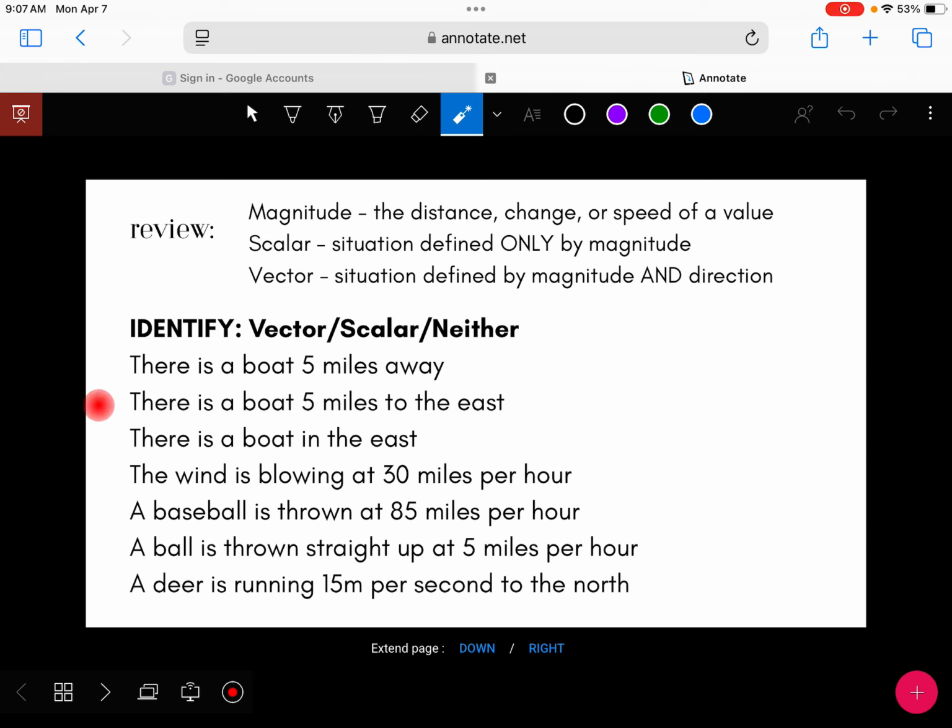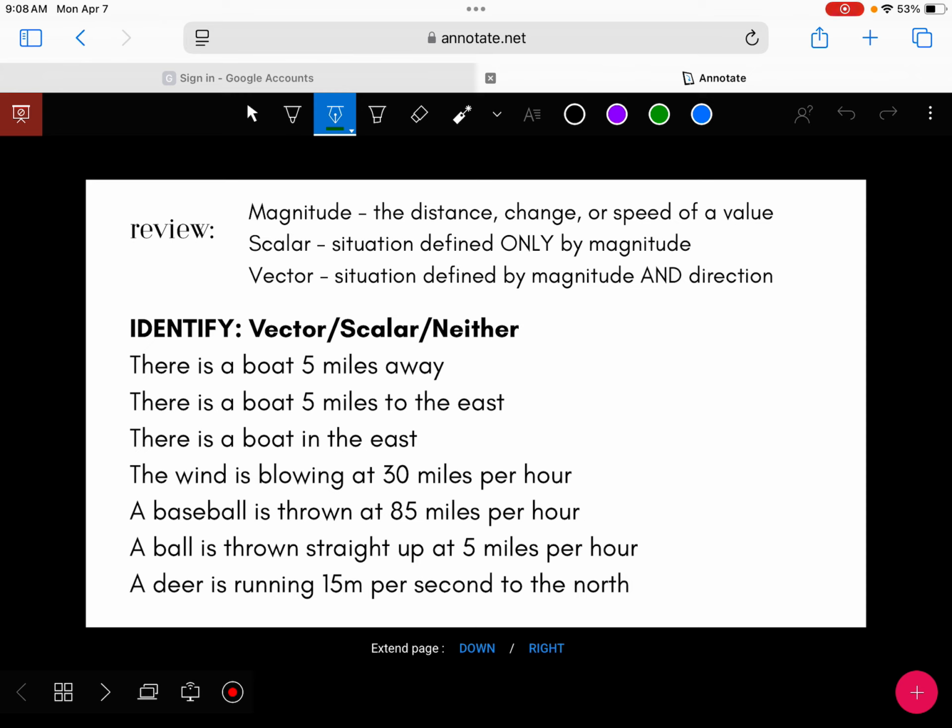We're going to look at this list. I did not print these out. If any really hit for you, just write them down, and we'll decide if it's a vector, a scalar, or neither. Vectors have magnitude and direction. Scalars have just magnitude. We don't have anything that's just direction.